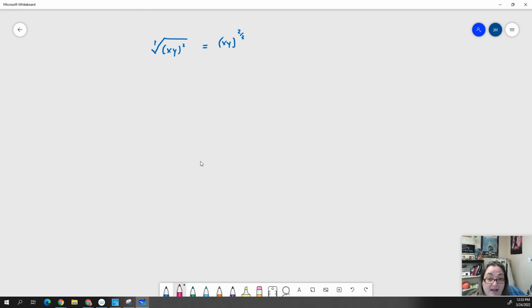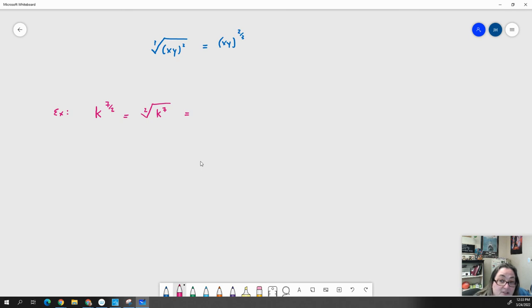First one, if I have k to the 7 halves, right? I'm going to rewrite that as the square root. I could put the 2 there, but I don't have to. K to the 7th. Now this is one I want to show you, because if I have k to the 7th and I have an index of 2, that means for every 2 k's I could pull one out.